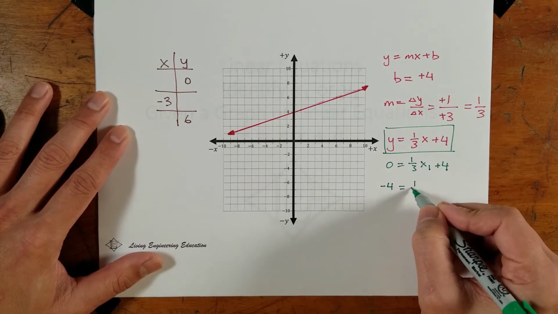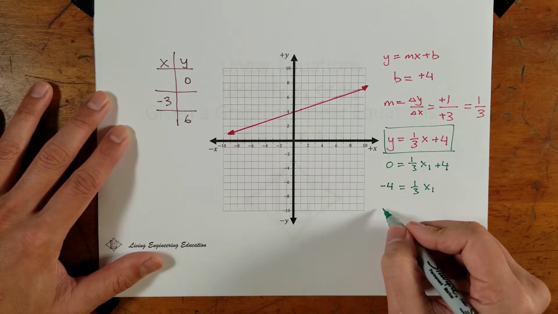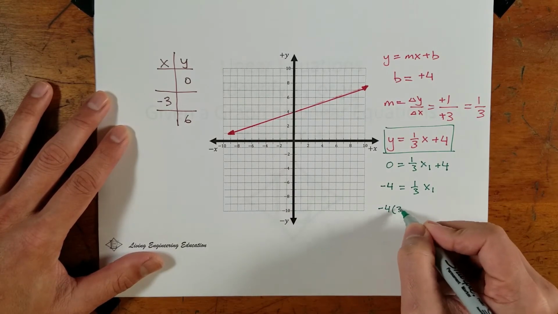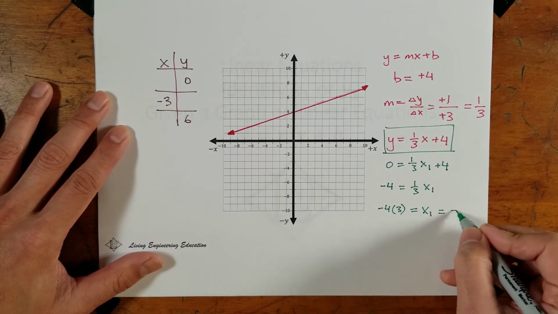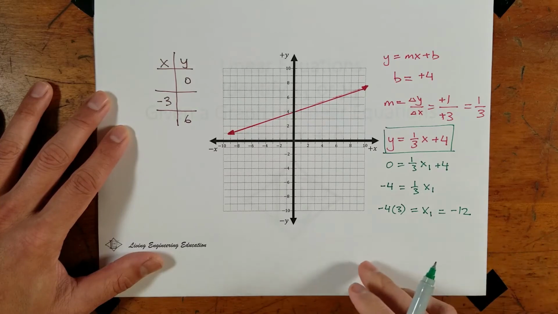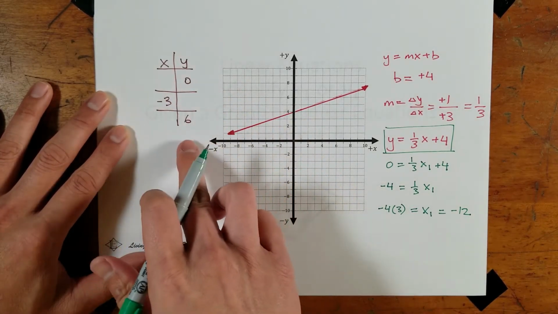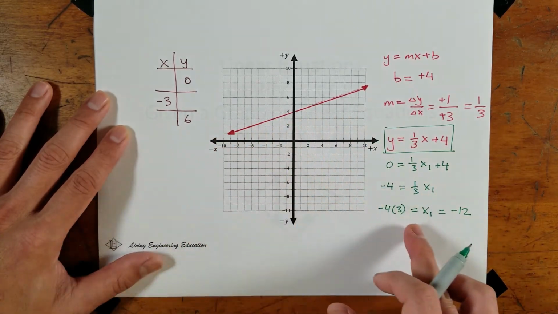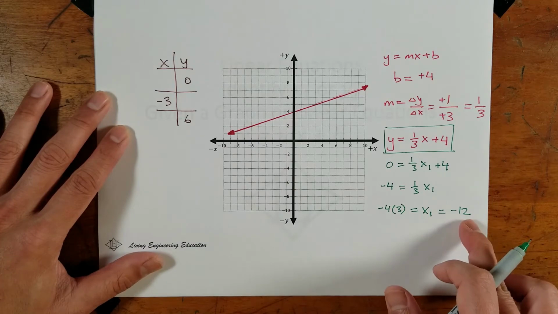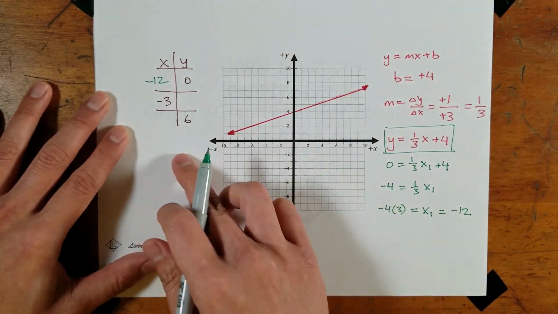Negative 4 equals 1/3 times x1. Multiply by 3 on both sides, we get negative 4 times 3 is equal to x1, or x1 equals negative 12. So at y equals 0, along the x-axis, this line will cross at an x value of negative 12.